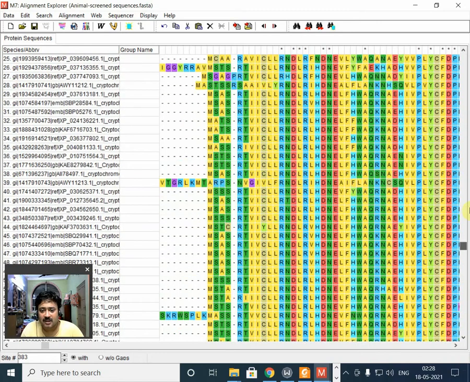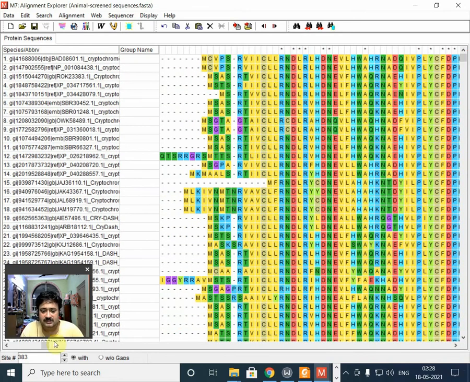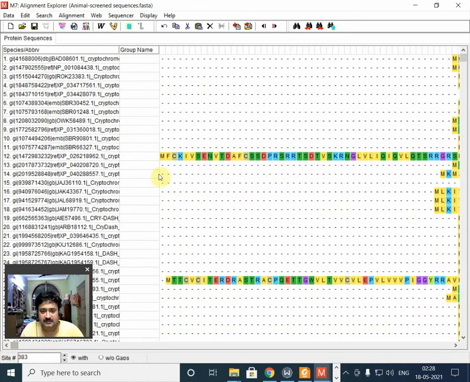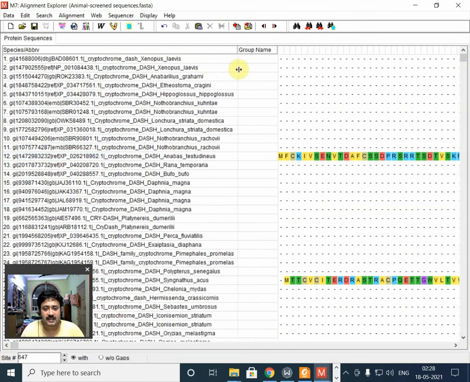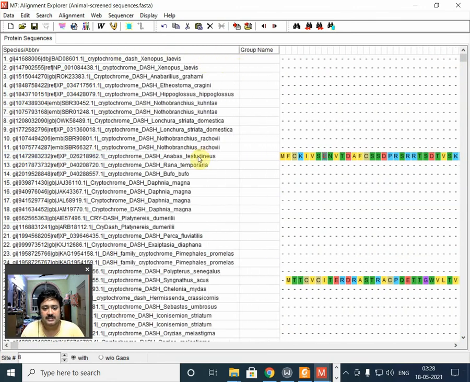See, some of the species are having this many sequences. Clearly now, if you go back to NCBI and check this size, I can guarantee you these are the sequences which were bigger in size. If you remember, you had a range of amino acid lengths. These are the ones on the higher side.